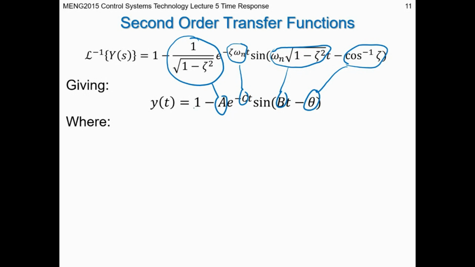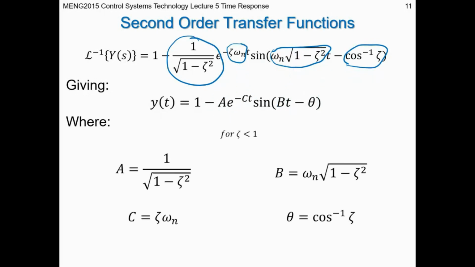So we've simplified it down. A is given here, B is given here. And this is all true for zeta less than 1. So if you have an underdamped system, in other words, once zeta is less than 1, then we get these expressions for the different parts of that overall second order system response equation.